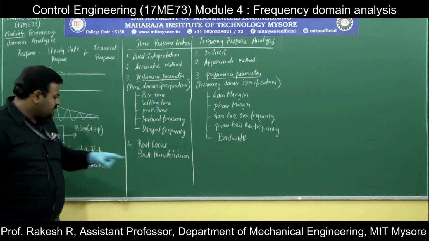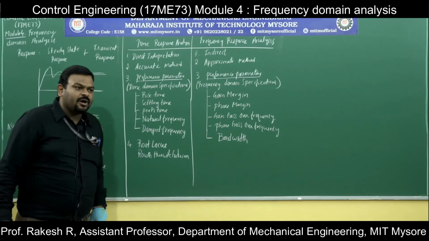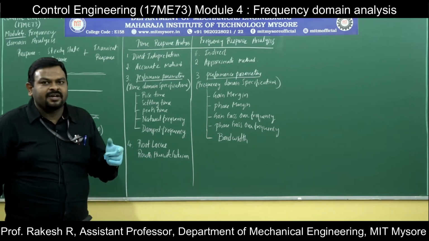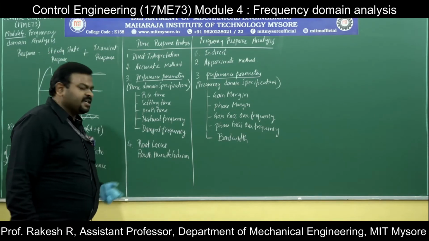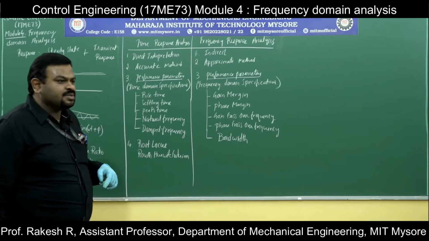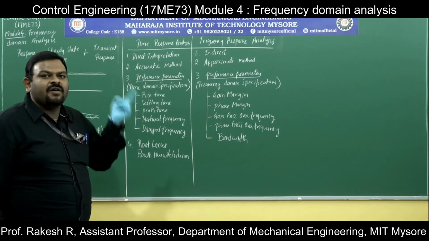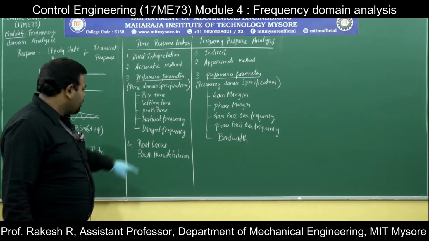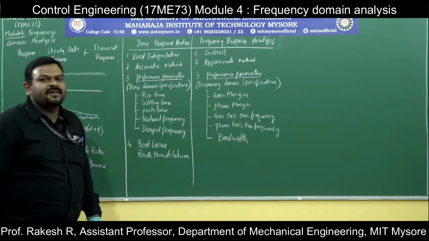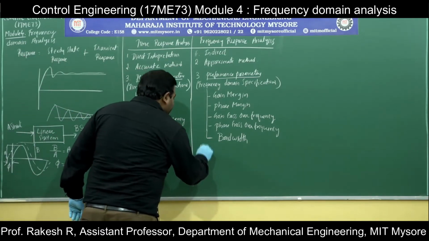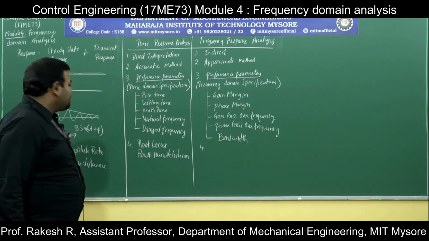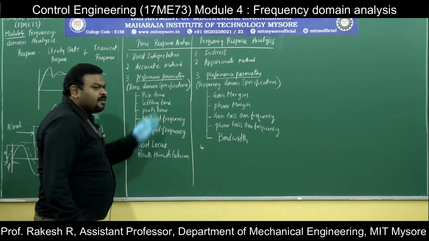That solution is obtained from Routh-Hurwitz criterion. Based on the characteristic equation, we will be solving the characteristic equation based on the values and the location of zeros and poles. We will be telling whether the system is stable or not.